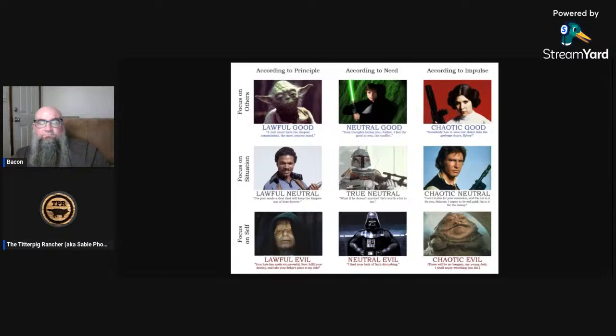The vertical axis on this chart is an inward focus versus an outward focus. So really, good and evil in the D&D alignment chart is not necessarily what we would call good and evil as it's traditionally been used in our real-life history.